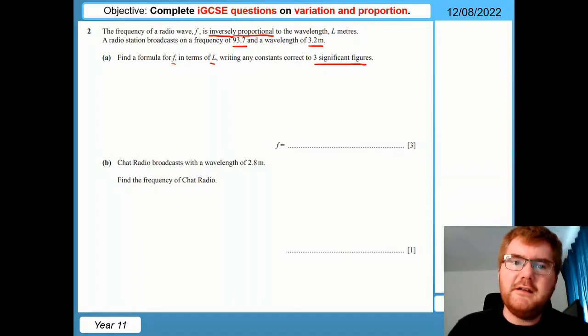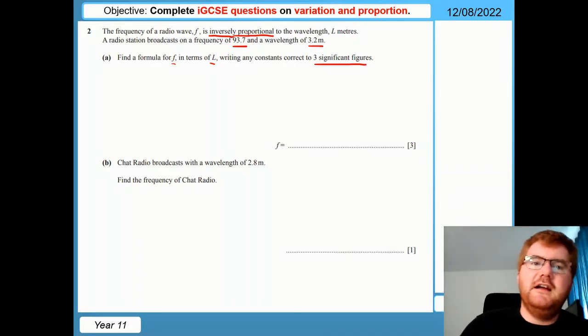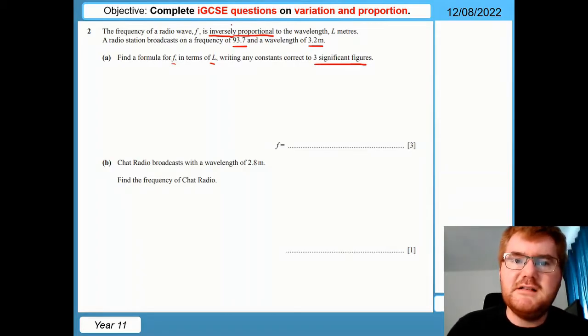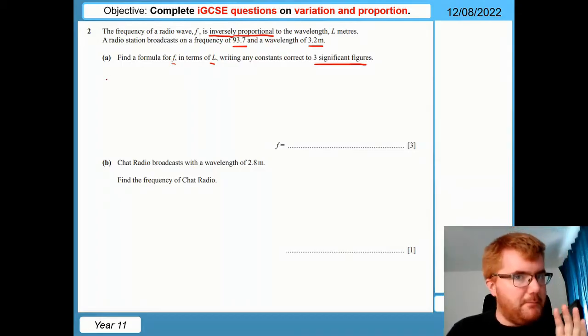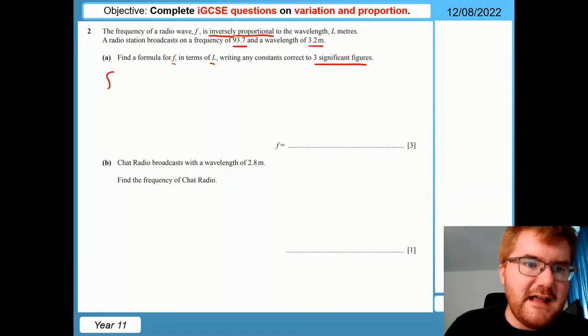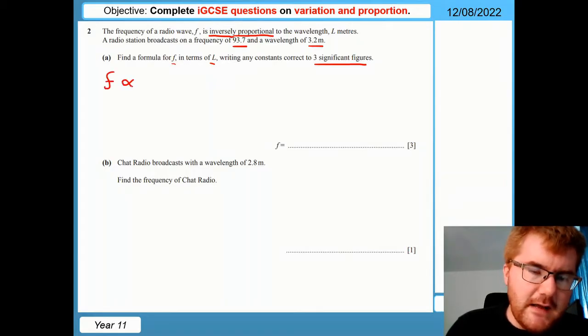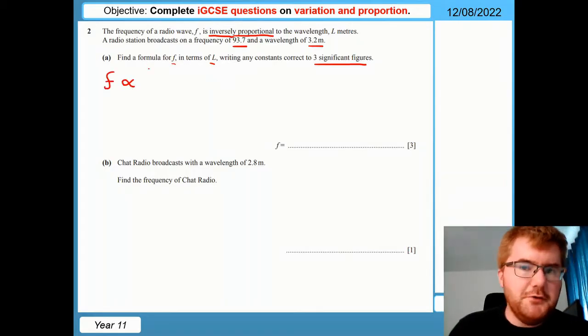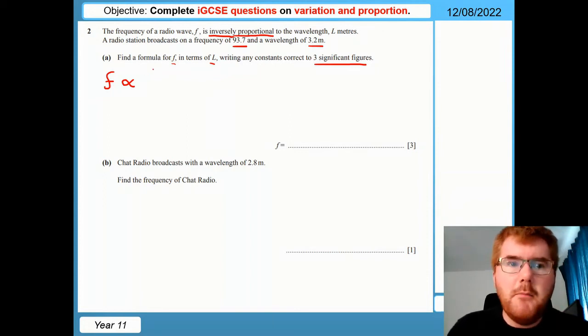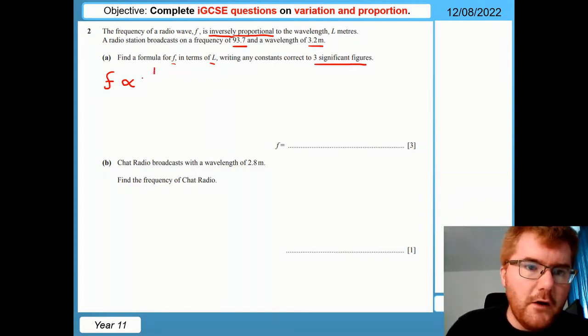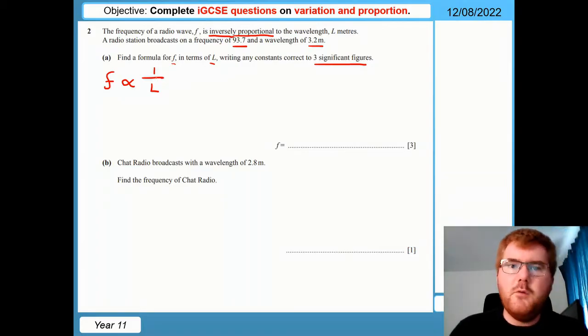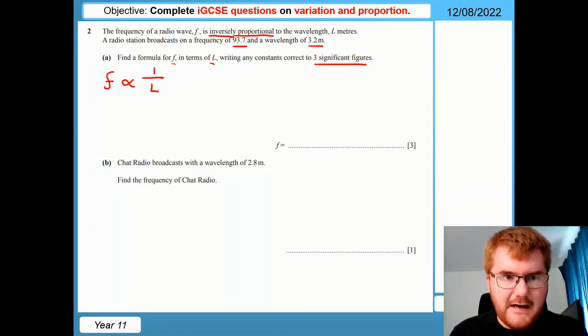So the first thing we're going to look at is the very first thing here I underlined. The frequency is inversely proportional to the wavelength L. What this means, if we use our proportionality statement, is that f is inversely proportional. So we're not just going to write L here, but we're going to write 1 over L. So whenever we're working with inverse proportion, we write the right-hand side as a fraction.